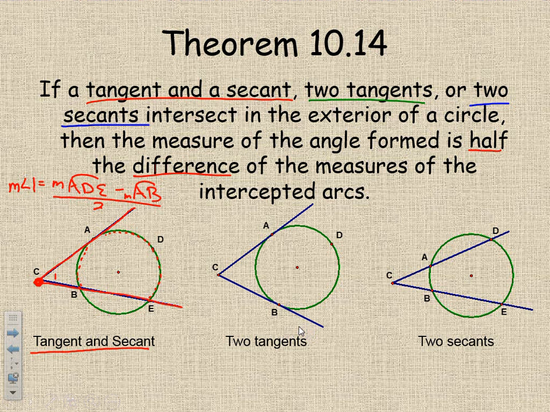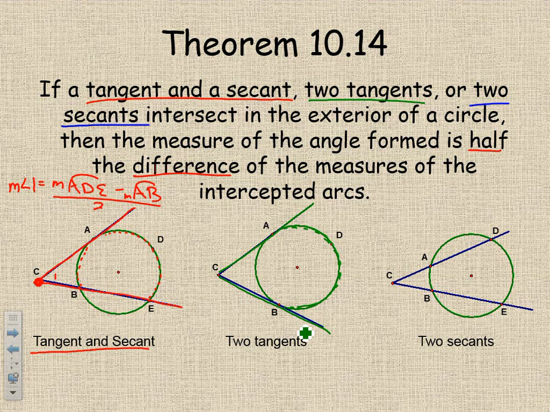Okay, next one then are the two tangents. So you see these guys right here only hitting the circle once at A and at B. So then I'm still going to take the bigger minus the smaller, divide by 2. The major arc here, and I am doing this in green, so you might not be able to see it perfectly, but the major arc is ADB.